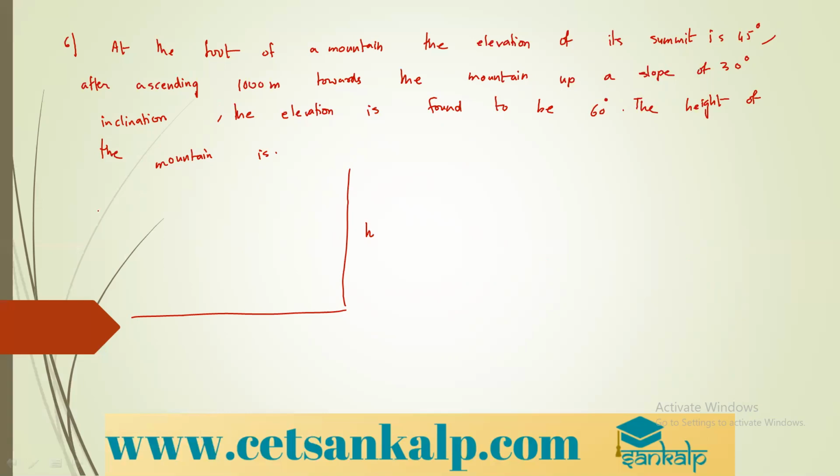Now what is happening is, a person is here and this is the slope of the mountain which is making 30 degrees with the ground. So the person walks through a distance, but in the beginning, when the person is standing here, he looked at the summit of the mountain, the top of the mountain, and he got angle of elevation of the top of the mountain as 45 degrees.